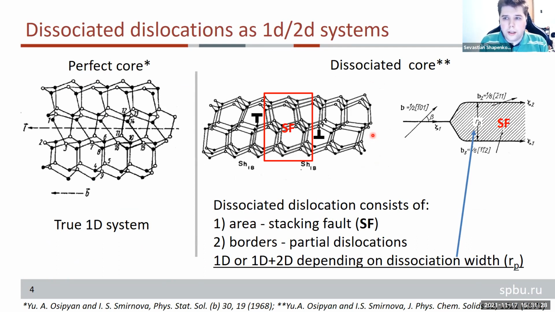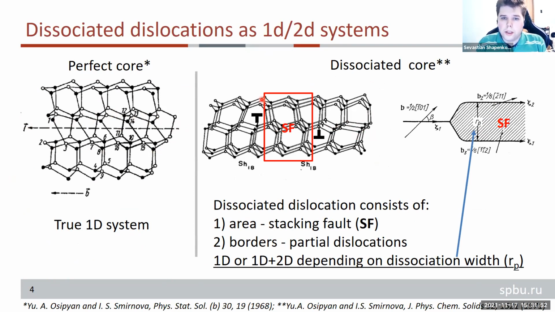But there is also another feature of the dislocations. They can dissociate. So if we talk about a perfect dislocation, like on the left picture, we will have a 1D system with one dislocation line. But if the dislocation is dissociated, like on the right picture, there would be a more complex structure.